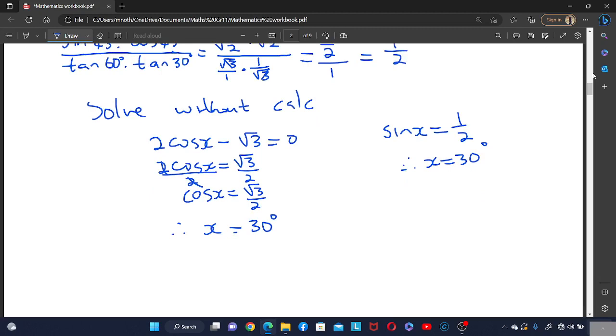Okay, we are given 2 sine x is equal to root 3. So we divide by 2 both sides. So sine x is equal to root 3 over 2. You know that sine is opposite over hypotenuse.